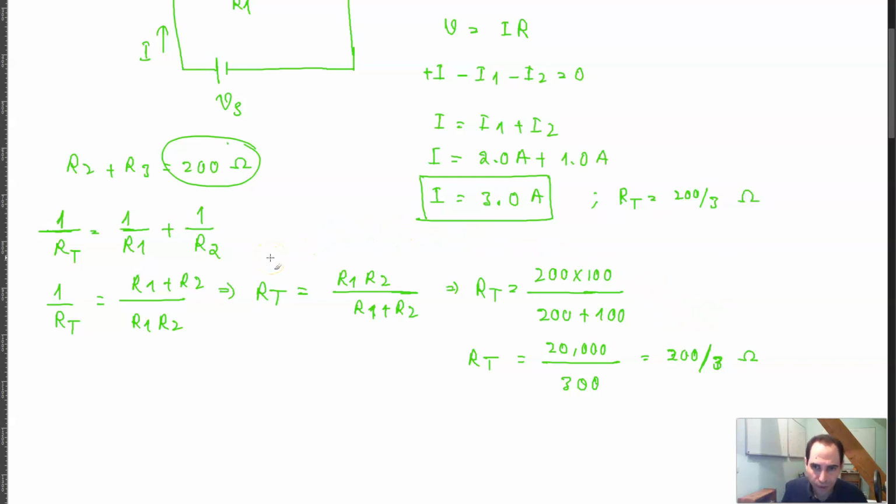And therefore the voltage that's going through your circuit is V equals IR, so V is equal to I, which is 3.0 amps, times 200 thirds ohms. The 3 and 3 you can cancel out, so you have 200 volts.